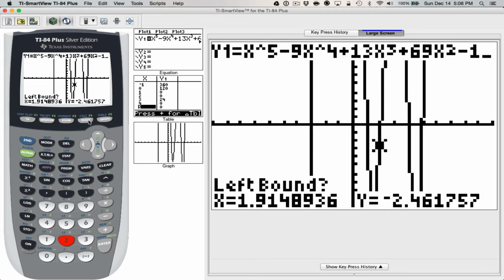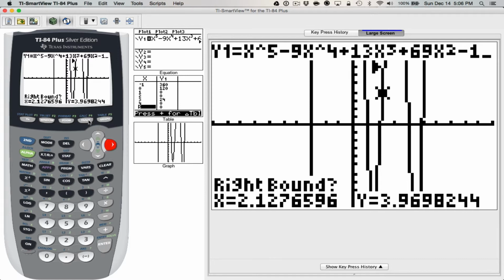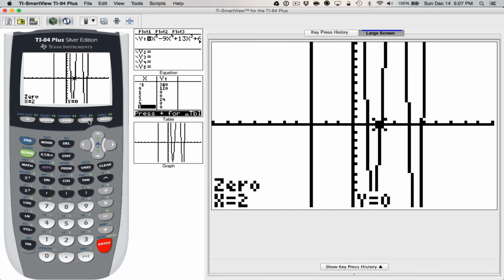I'm going to pick the left-hand bound, the point immediately to the left of my 0. I'm going to hit enter. I'm going to tap to the right and pick a point to the right of my 0. So there we are. It's asking me for a guess. Well, there is no point in between this, so I'm just going to leave it as is. It's going to chug along and says you have a 0 at x equals 2, y equals 0. So I know that another factor is now x minus 2.